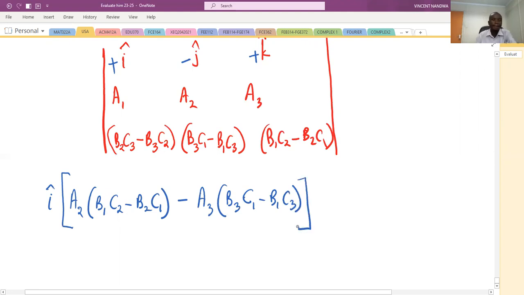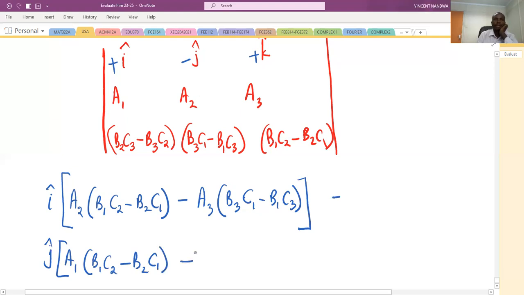And then minus j into, close this, we have A1 into B1C2 minus B2C1, minus A3.